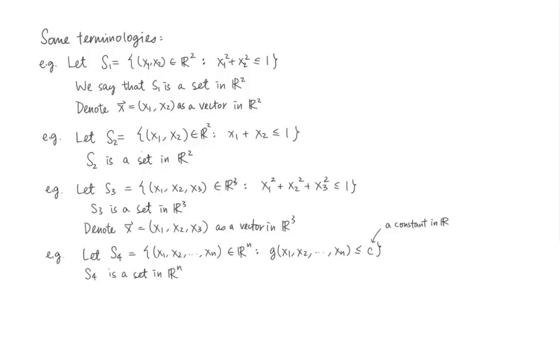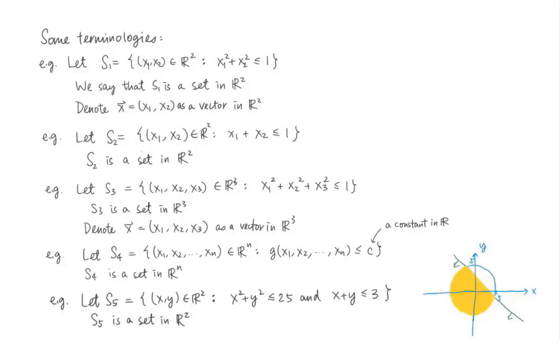Example 4, we have a set which contains points in Rn, the n-dimensional space, such that these points satisfy this constraint inequality with the expression g of x1 up to xn less than or equal to a constant. Then we can say that this set is a set in Rn.